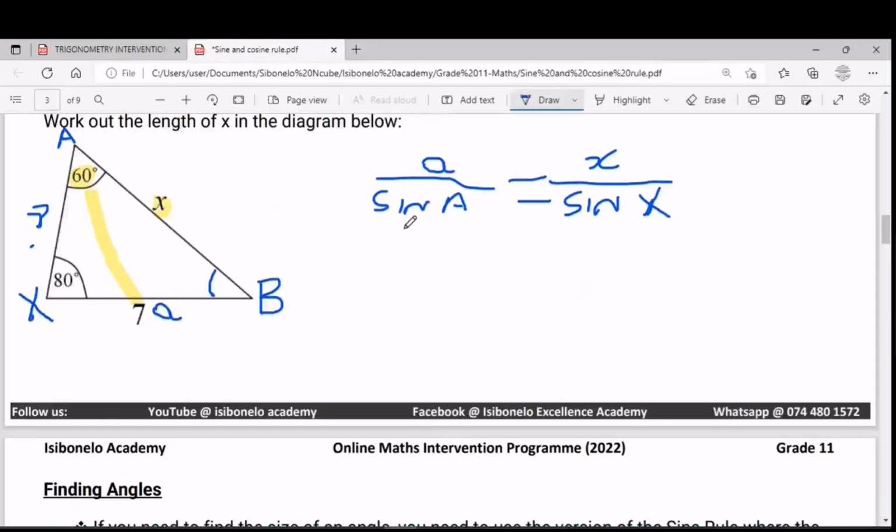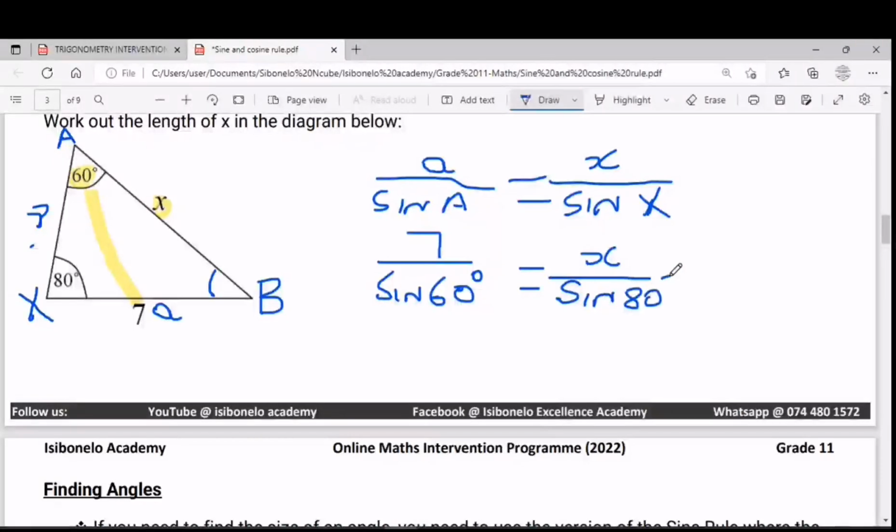The length of a is 7, so we have 7 over sine A, and angle A is 60 degrees. So 7 over sine 60 degrees equals x over sine of that angle, which is sine 80 degrees. Now it's easy, we can solve for x.